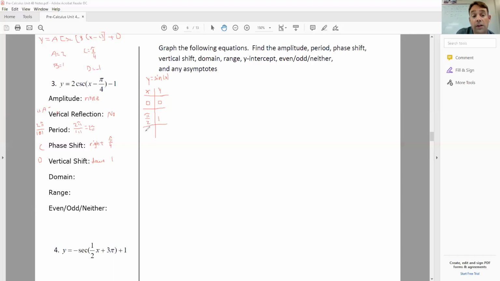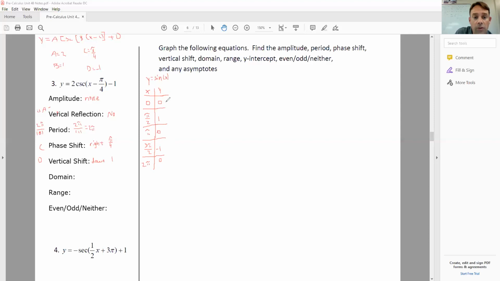And then we had pi and 0. 3 pi over 2 and -1. And 2 pi and 0. Okay, so that's still going to be the same. That doesn't change because we need to know sine to be able to find cosecant.